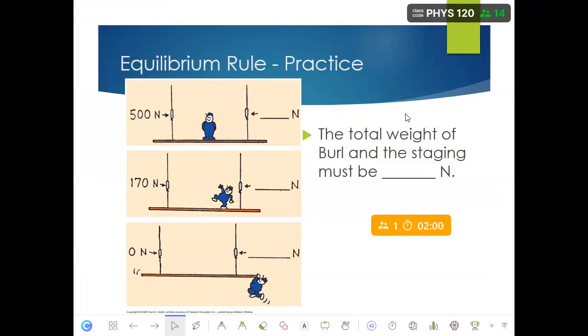As I said, first identify all forces. Good.